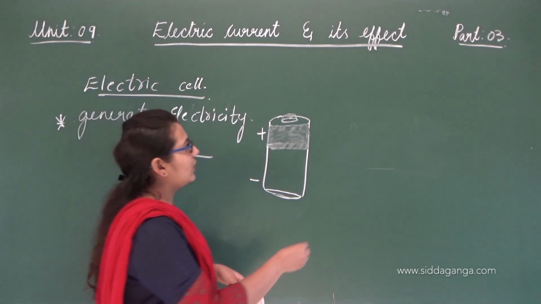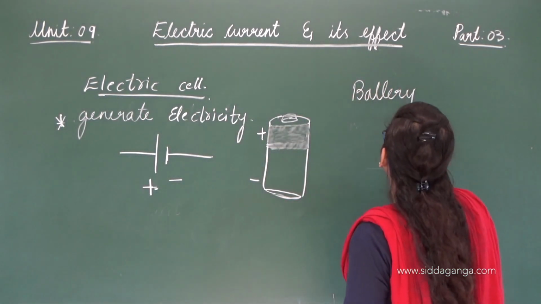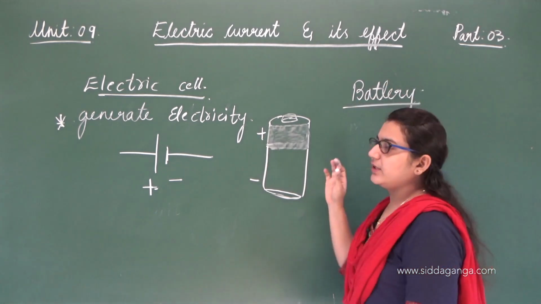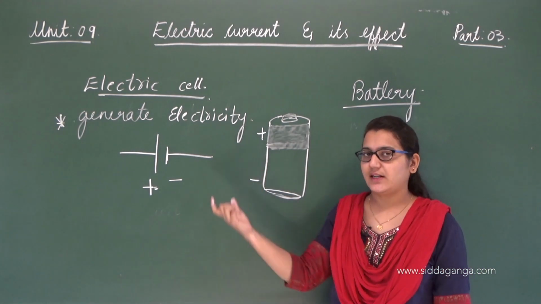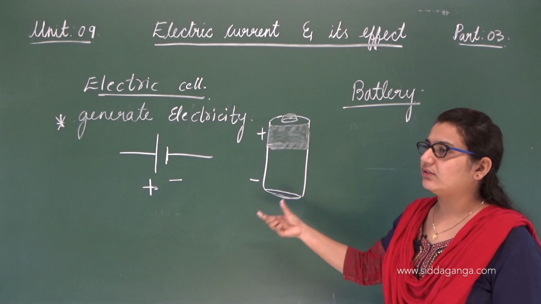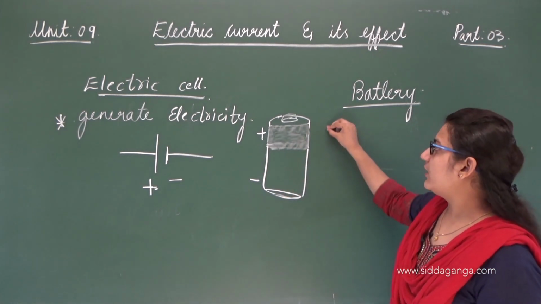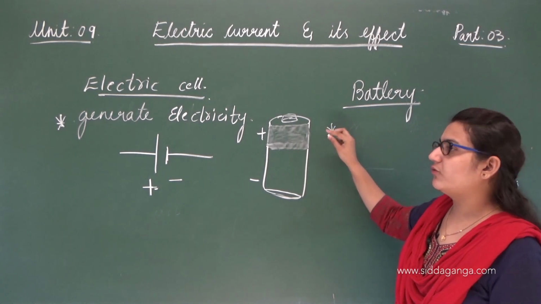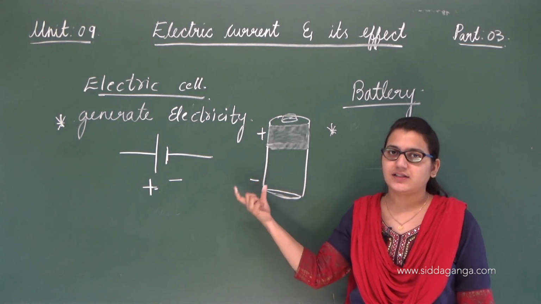By using this cell we make these batteries. So cells are the basic unit that generates electricity. There is a flow of electrons between the positive and negative terminals, and that's how electricity gets generated. If we need a small amount of current, then this cell would be enough.